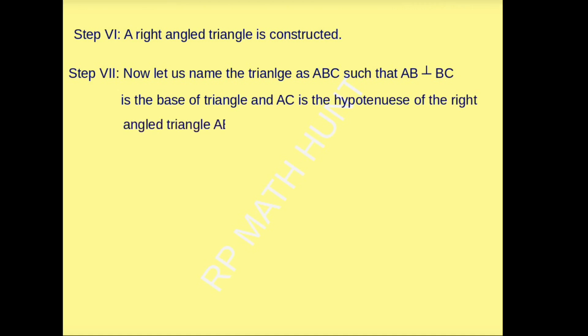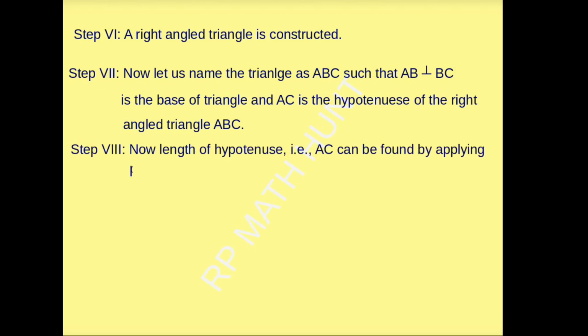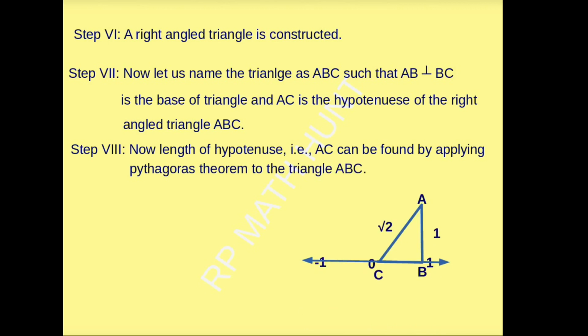Step 8: Now the length of the hypotenuse, that is AC, can be found by applying Pythagoras theorem. AC square is equal to AB square plus BC square. AC square is equal to 1 square plus 1 square, which is 2. AC square is equal to 2 and AC is equal to root 2.